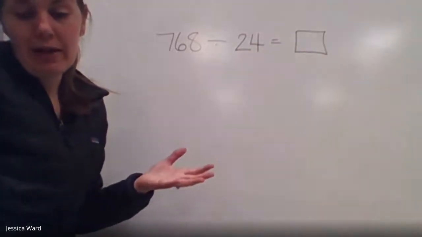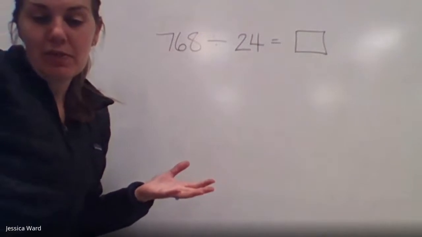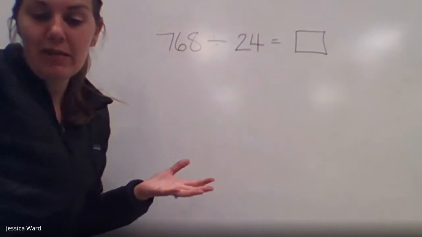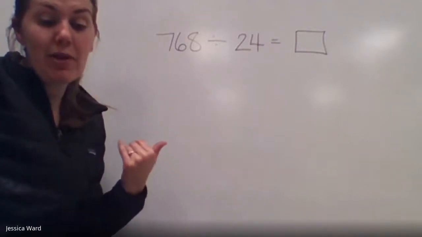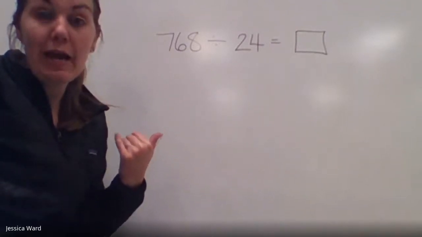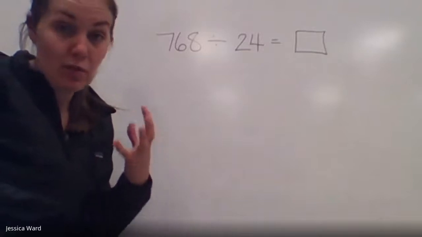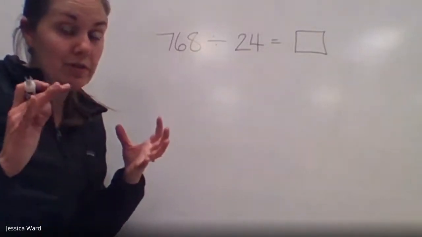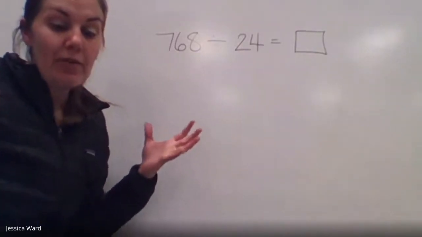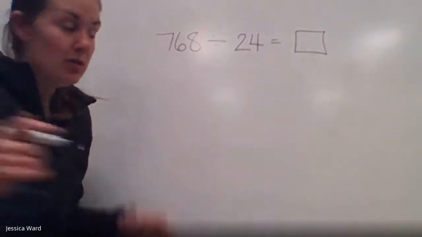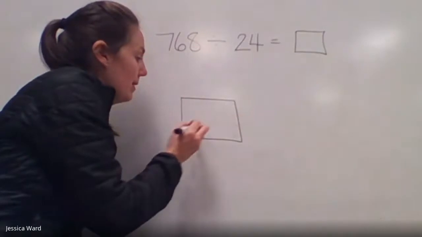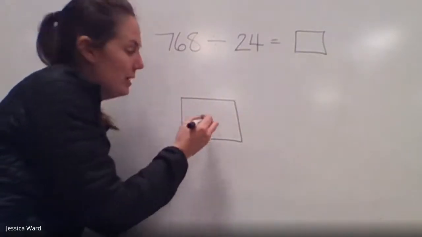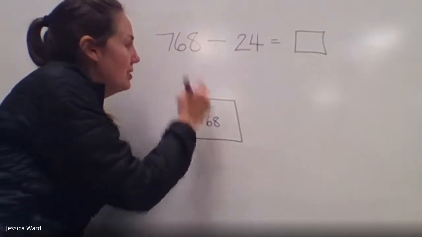So again, the model says you can use the relationship between multiplication and division to estimate the quotient. But we're going to skip down to the second model where they're showing you an area model for division. So we worked last week with area models to show multiplication. For an area model for division, we know that our total area in this case is going to be 768.